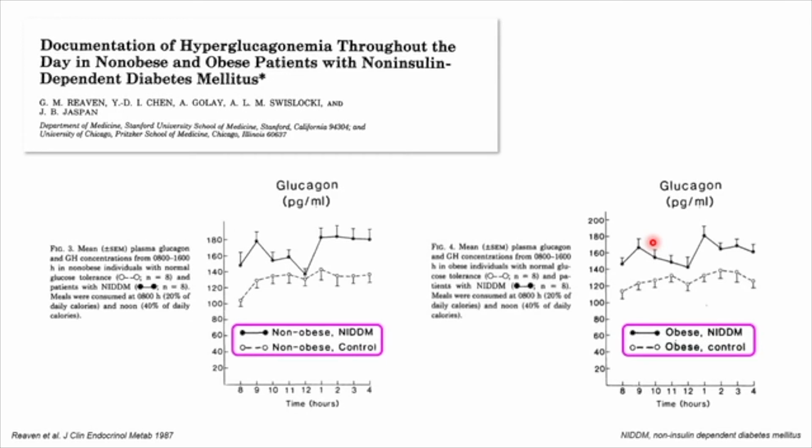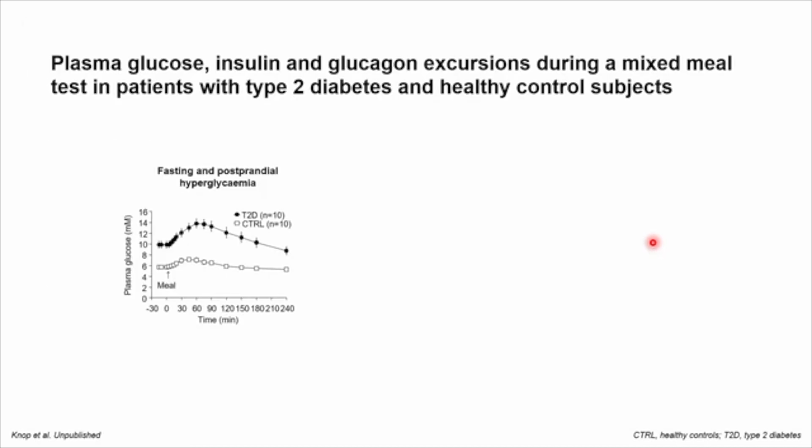And here you can see from the figures, it goes for both non-obese patients with type 2 diabetes compared to non-obese controls, but perhaps even more clearly for obese patients with type 2 diabetes. So this paper really shows that patients with type 2 diabetes are indeed characterized by elevated glucagon levels.